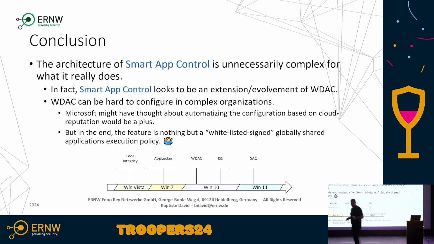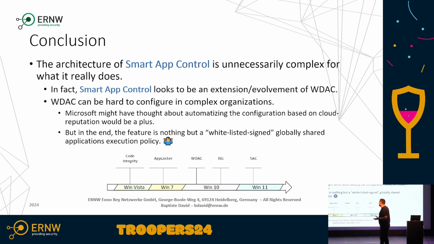But to be able to define the policy to say that application will be blocked, not this application, this one, not this one. We have the update, now we need to. It's a huge and complex process to do it, especially in very big organizations. And maybe Microsoft, it's just a guess, might have thought about the fact that we have the feature called Cloud Intelligent Reputation, and maybe we can make a mix between all this automatic reputation we already have for applications and WDAC, so that WDAC is automatically configured for anyone, so that we don't have to define policy per application and so on.